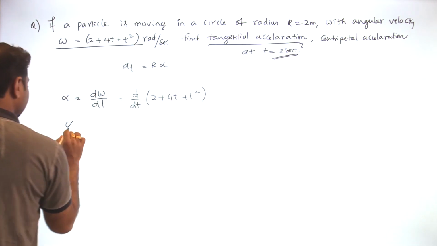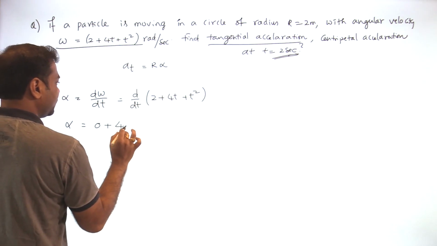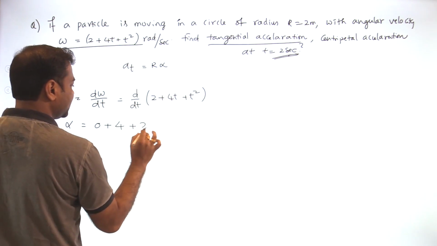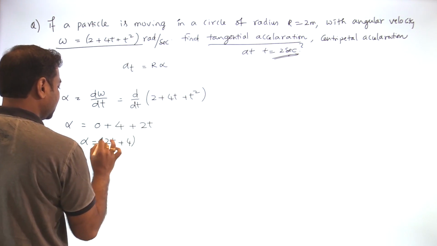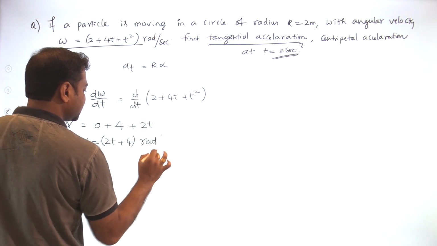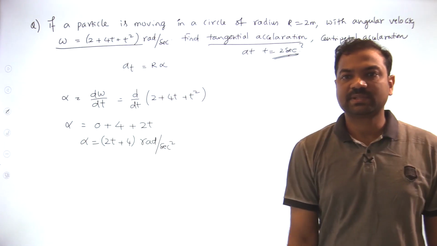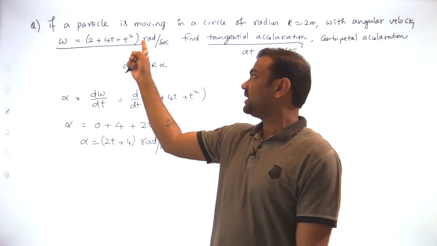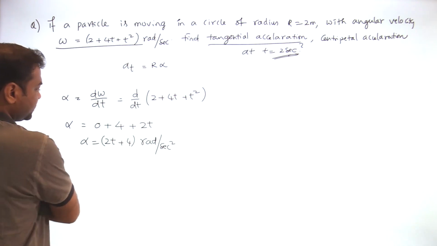So angular acceleration is the derivative of 2, which is 0, plus derivative of 4t, which is 4, plus derivative of t square, which is 2t. So alpha is equal to 2t plus 4. What are the units? Radian per second square, since omega is radian per second and angular acceleration is omega by time.